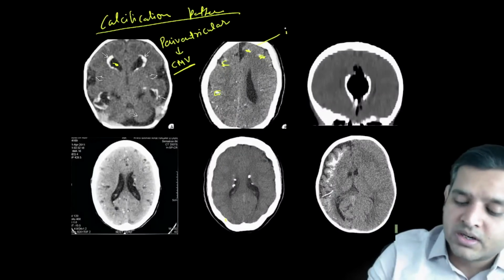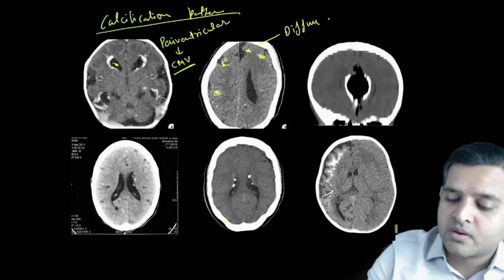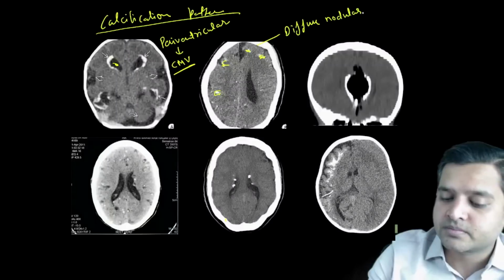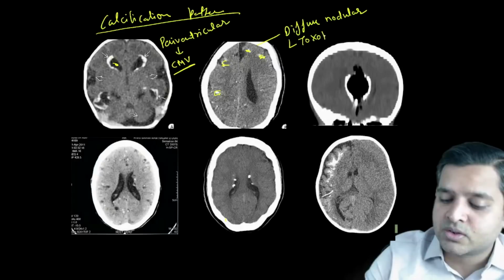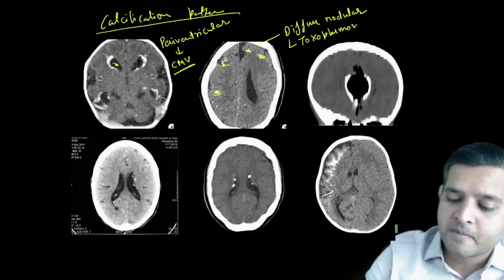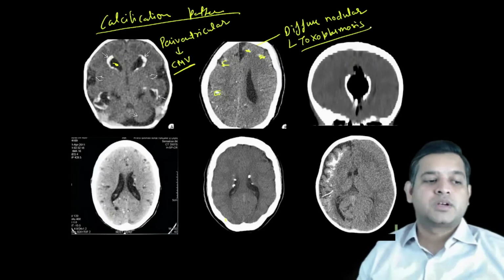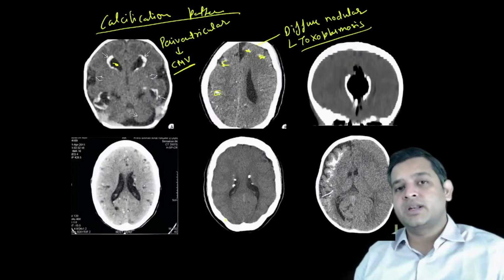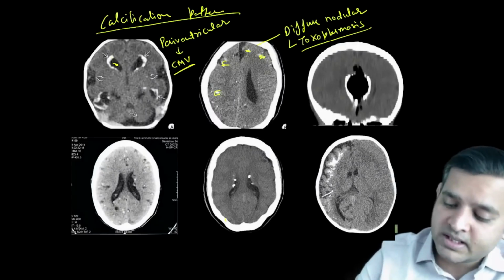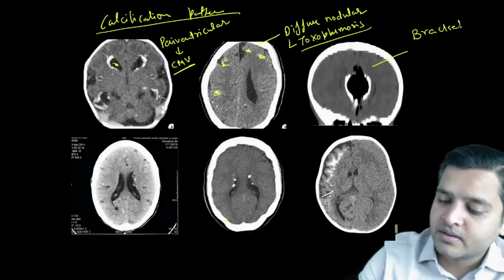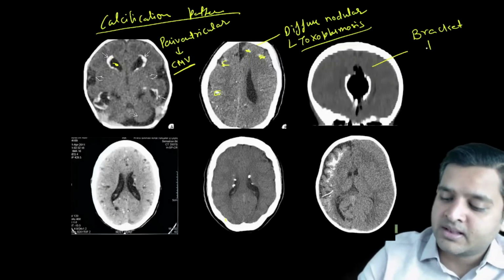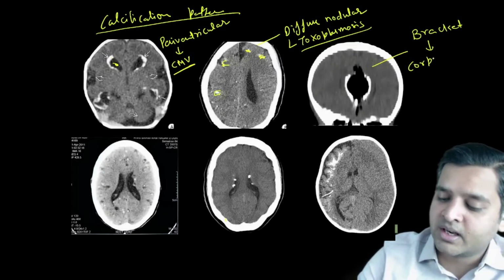This diffuse nodular pattern is seen in toxoplasmosis. Whereas in this case, what you are seeing is a bracket pattern. And this bracket pattern is seen in corpus callosal lipoma.